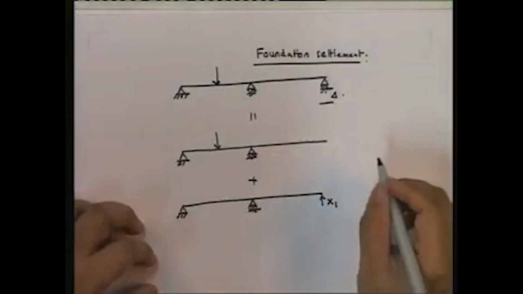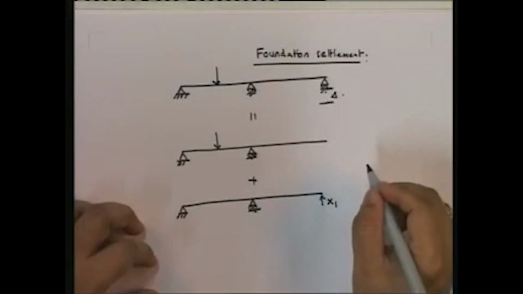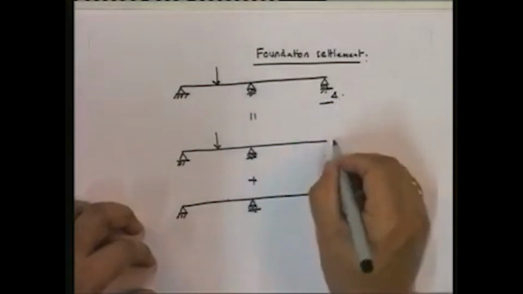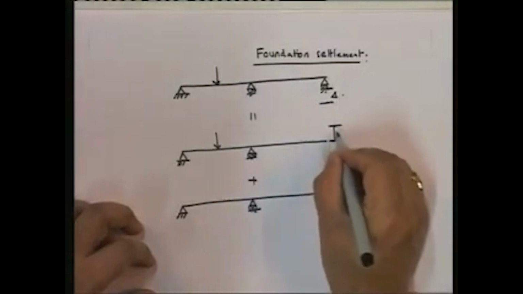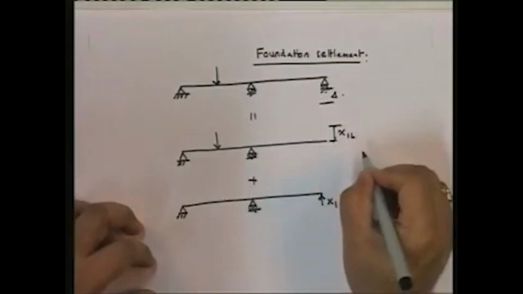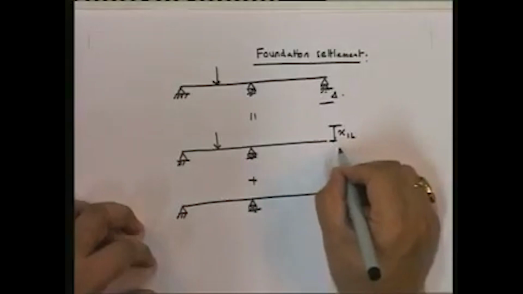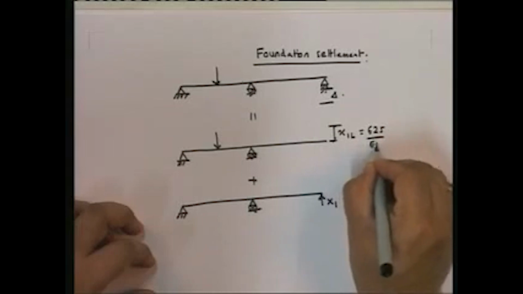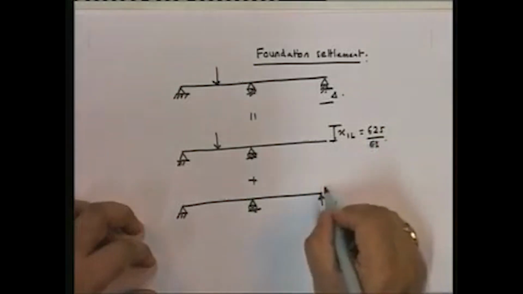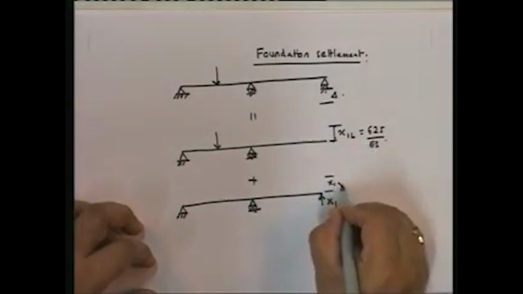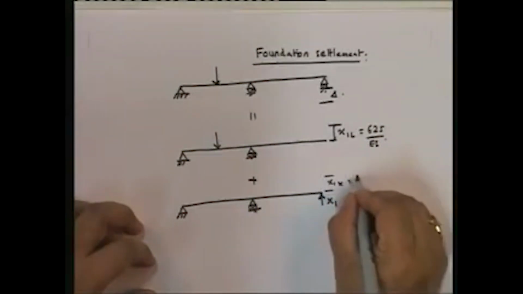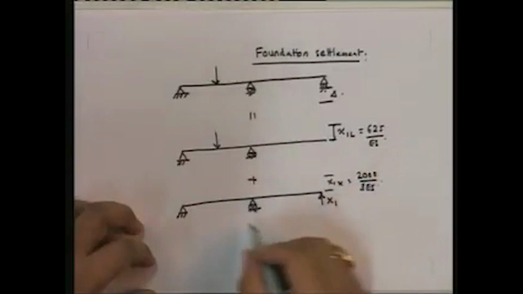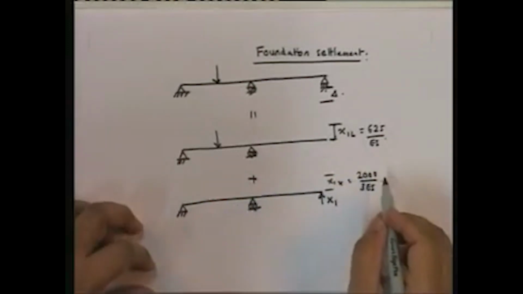Now here, we find out x1L. Note that this x1L is going to be the same as before, so it is 625 upon EI. We find out x1S, and this again is the same, 2000 upon 3 EI, because there is no effect over here.